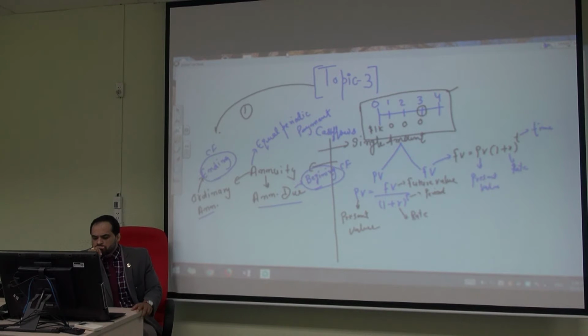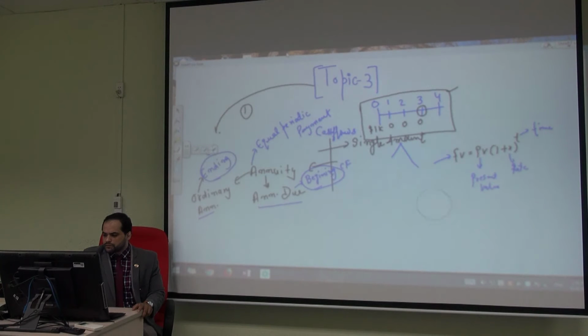Okay. So of course, ordinary annuity, we have present value, future value, and annuity due, we also have a present value and future value. Alright, so we start with the annuity due. Right.